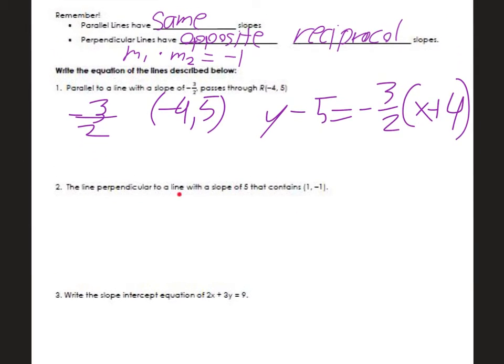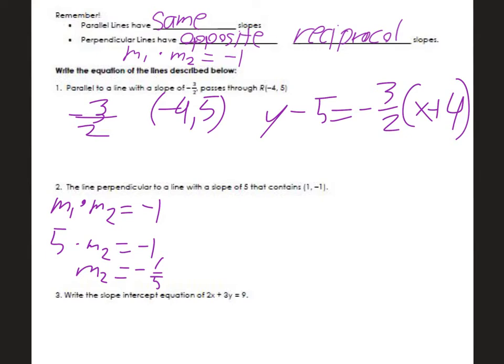A line perpendicular to a line with a slope of 5 that contains the point 1, -1. So again, point slope form, except this time we want the negative reciprocal of 5. We can work that out algebraically by saying that if m sub 1 times m sub 2 is equal to -1, and m sub 1 is 5, 5 times m sub 2 is equal to -1, then m sub 2, the new slope, is going to be -1/5.